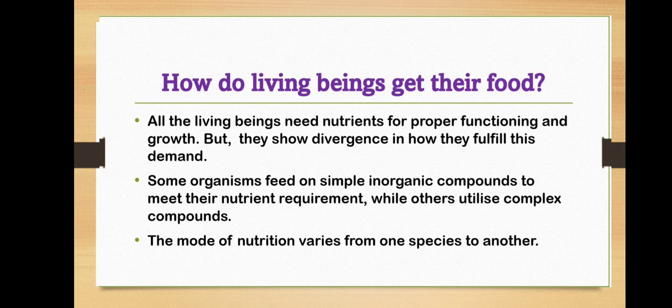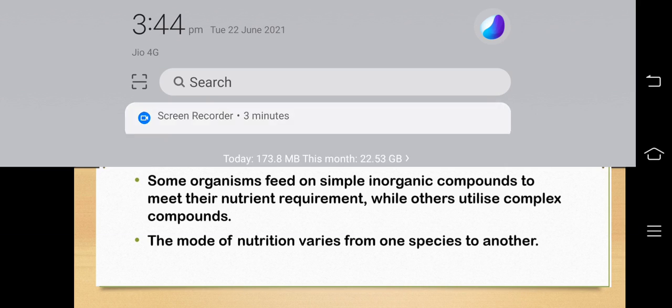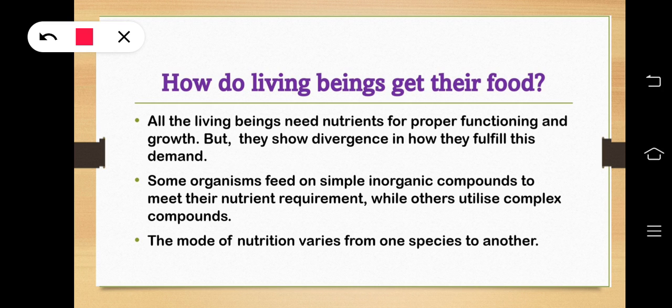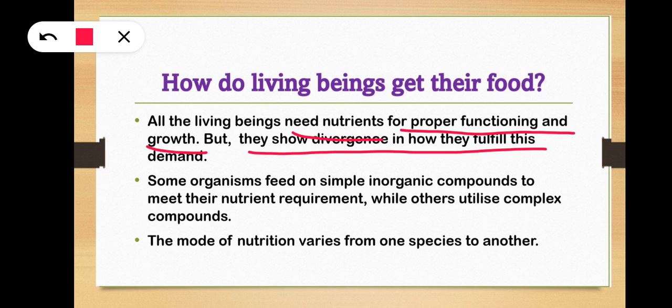So all the living beings actually need nutrients for their proper functioning and growth, but they show divergence in how they fulfill this demand. What does this mean? This means every living organism needs nutrients, but the mode of their nutrition can be very different.